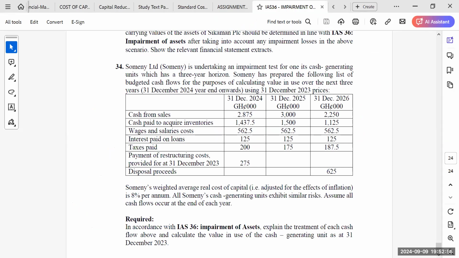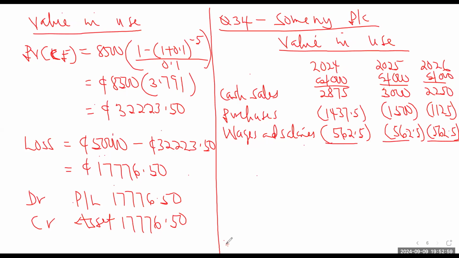So what we do is let's find the cash profit. Let's find profit first before we add the disposal. So what will be the cash profit? The first one is 875.